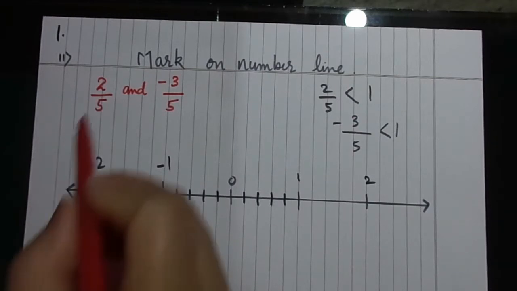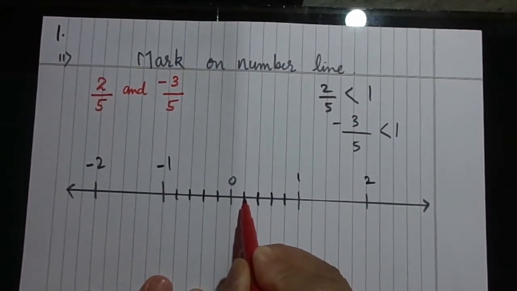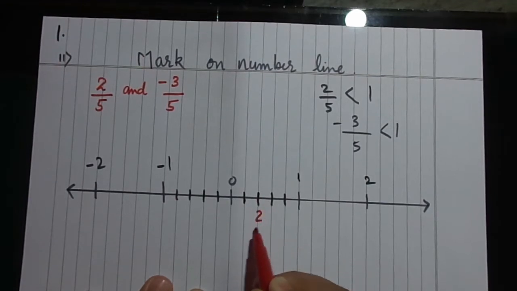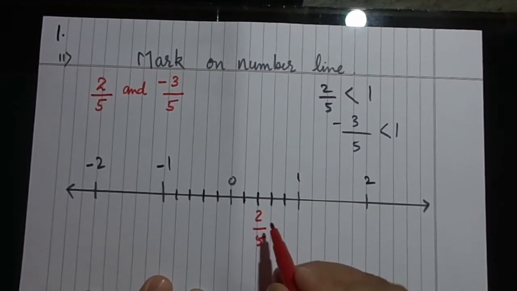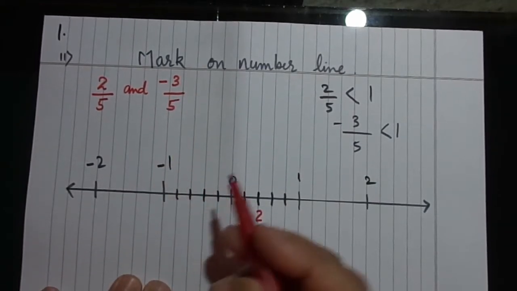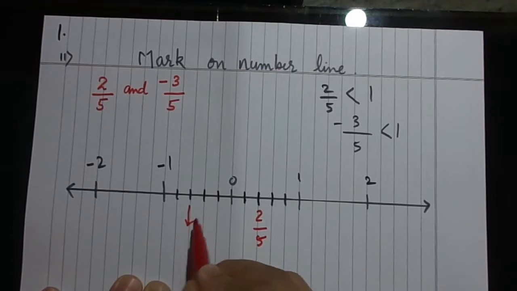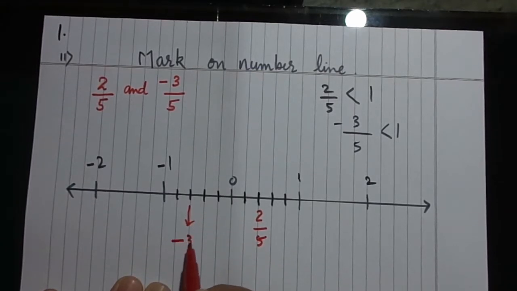Once again, 2 by 5 means first part, second part. So 2 parts out of 5. Clear? And here minus 3 by 5 means 3 parts out of 5. First part, second part, third part. Therefore, minus 3 by 5. Clear?